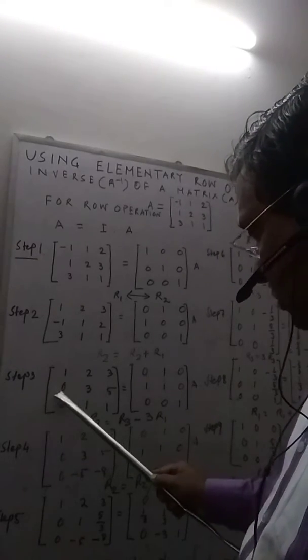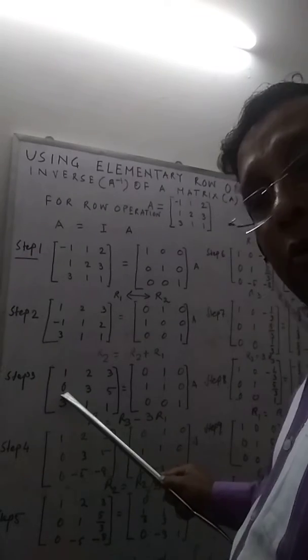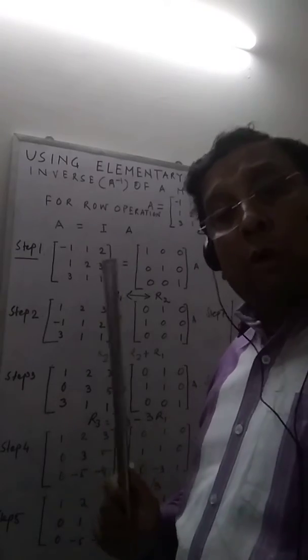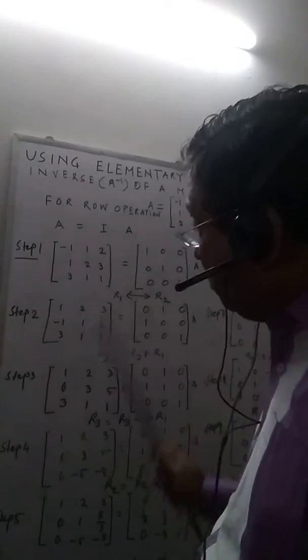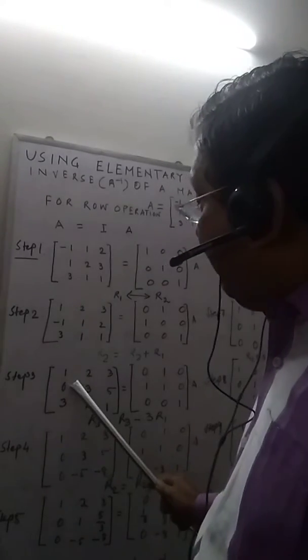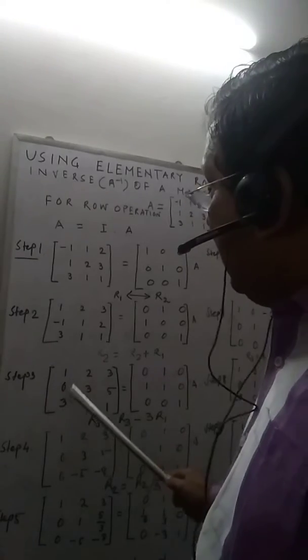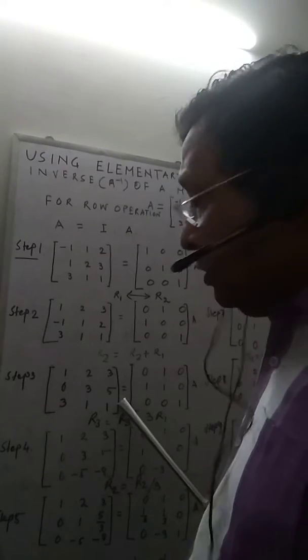Step 3 here, let's see. This is your R2. Now my target is to make this part 0. Always remember why you are making 1. I have made this 1, so I have to use this 1, and use it to make this 2, this 2 1, 0 0. This is your second row position, and this is your R3 position.